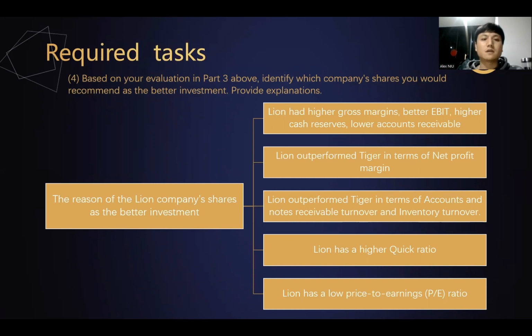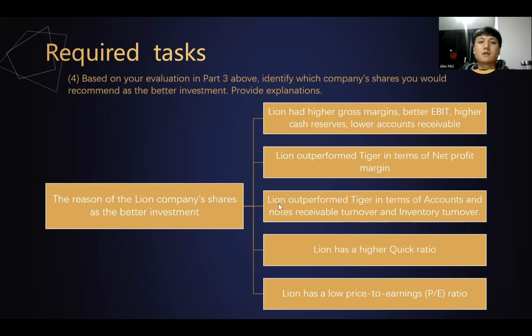The reasons for Lion company's shares being the better investment. Number one, Lion had higher gross margin, better EBIT, higher cash reserves, no accounts receivable. Number two, Lion outperformed Tiger in terms of net profit margin.